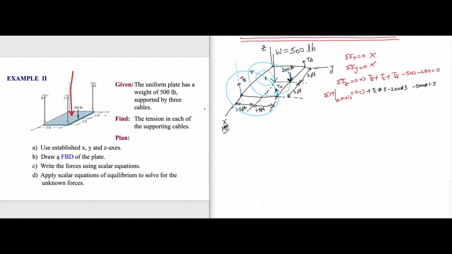The direction is going down. What about TA? TA gives a counterclockwise rotational effect. So it is positive TA times 3 is 0.